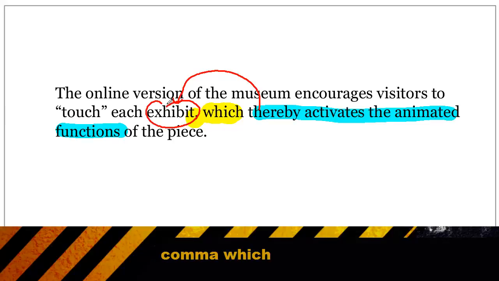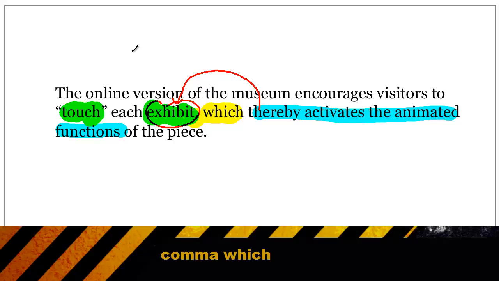And you have to think very carefully about what the sentence is trying to say. What does the author want us to think activates the functions? Is it the exhibit, or is it the touching of the exhibit? Unless the exhibit is a bunch of robots, the exhibit probably isn't going to by itself activate animated functions.